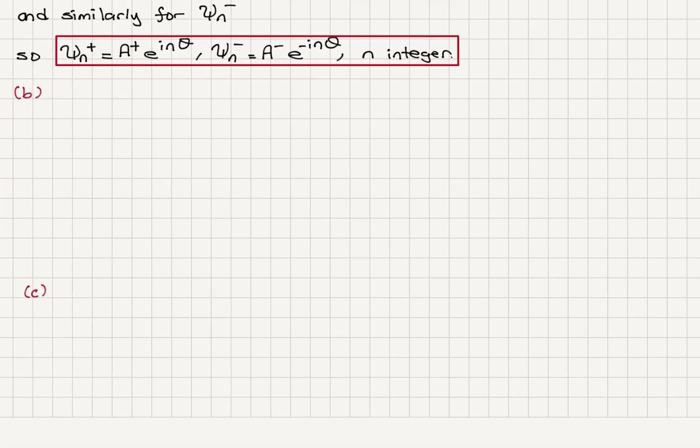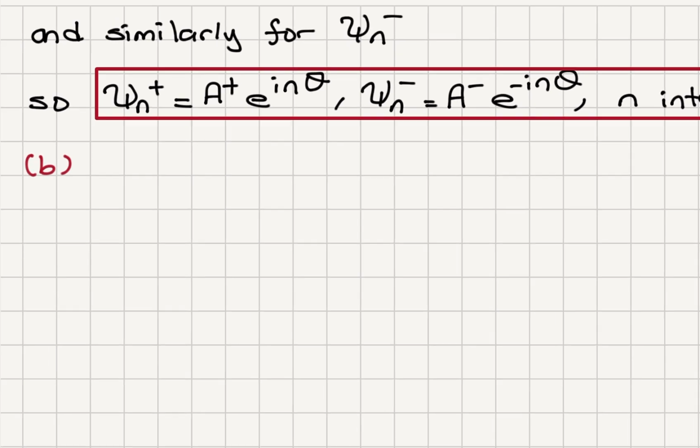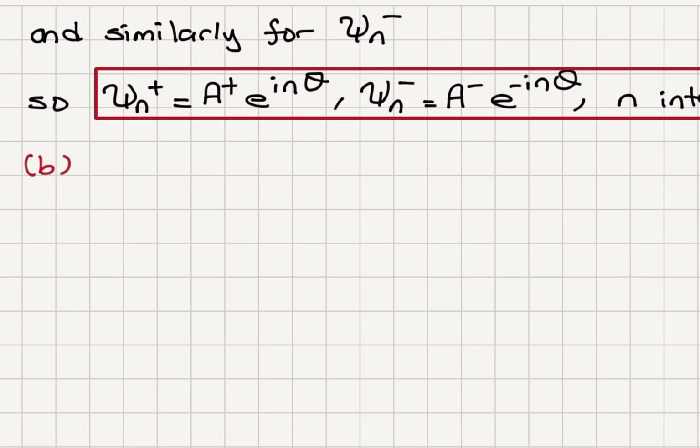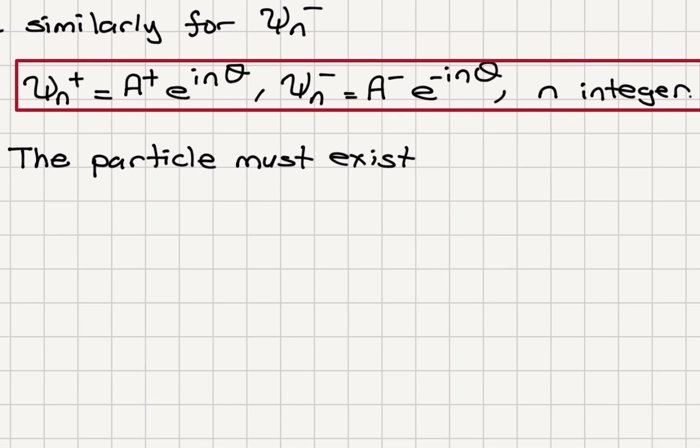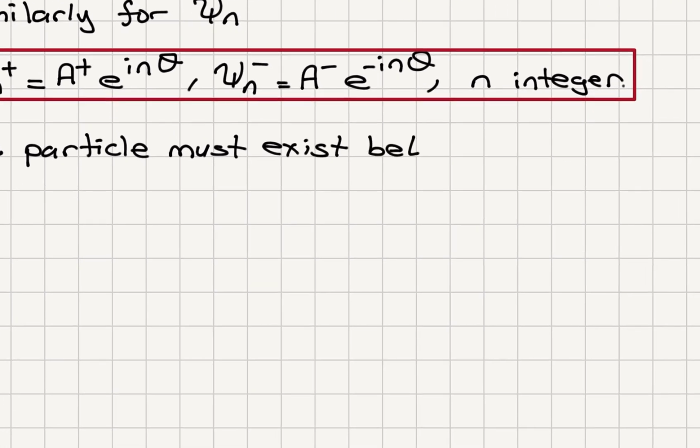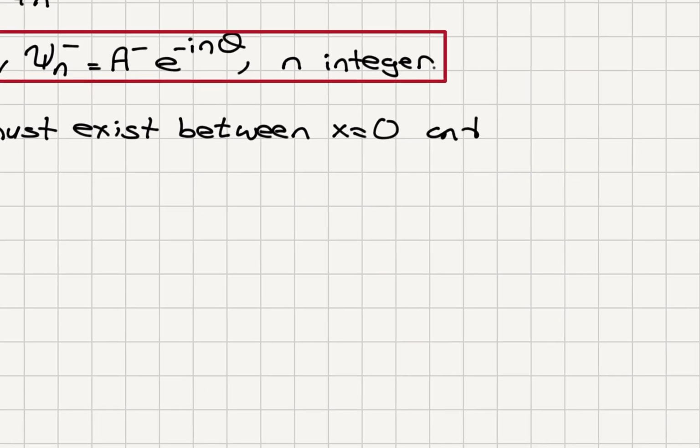Now in part B we were supposed to find the normalization constant. That's the condition of existence. The particle must exist between x equals 0 and x equals 2 pi capital R on this circle.